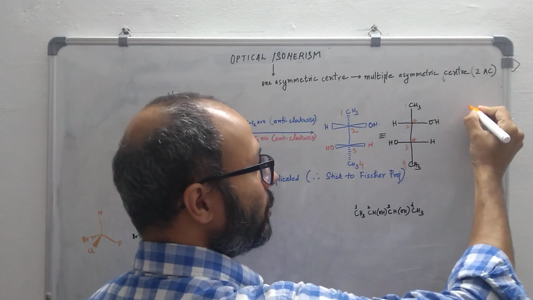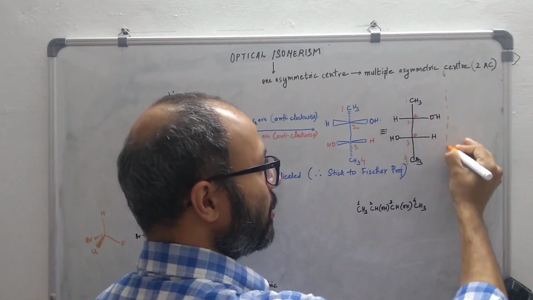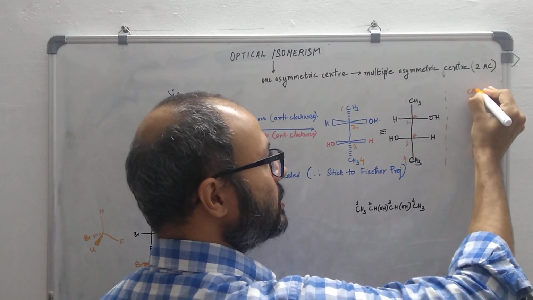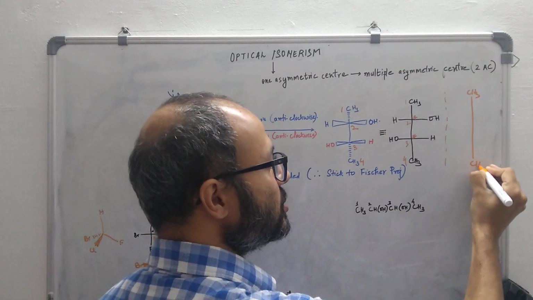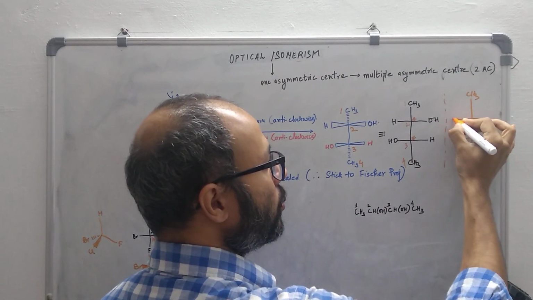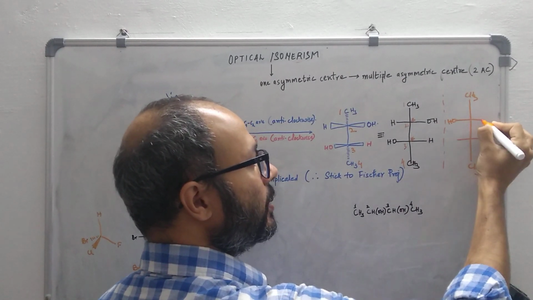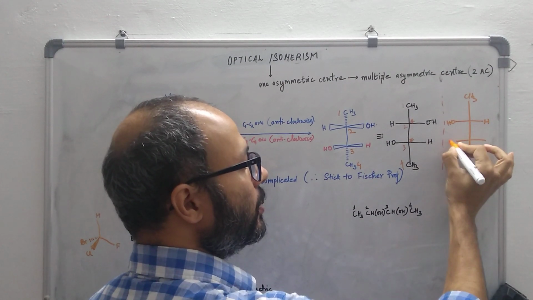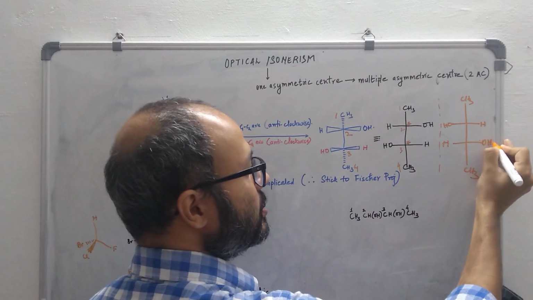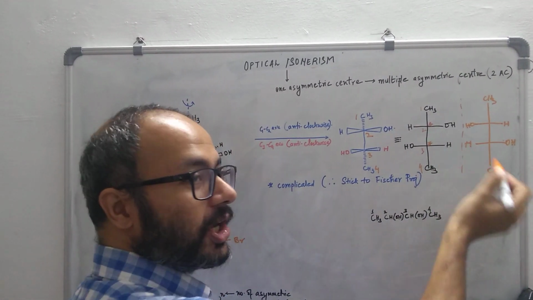One possible way is to draw its mirror image. The mirror image would be what? CH3, CH3. I'm drawing the mirror image, okay? So you have the OH here, you have the H, you have the H here, and you have the OH coming here. So this is another. So 2 molecules have already come.